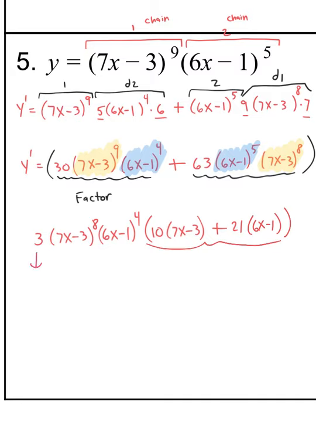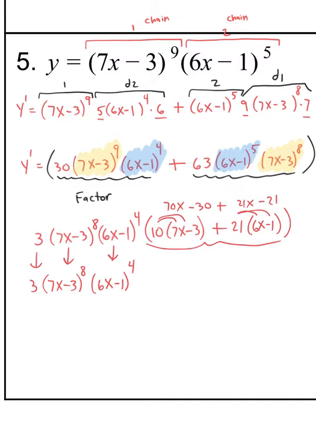Alrighty? So now the last thing to do is simplify up here. Remember, the common factors are part of the answer all the way to the end. Bring them along, all 3 of them in this case. All right? Now, if I distribute here, this gives me 70x minus 30, and then I keep going. This gives me 21x minus 21. Now I add like terms up there.